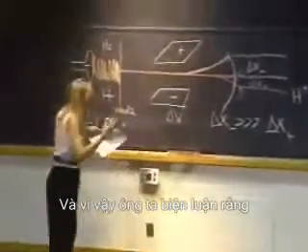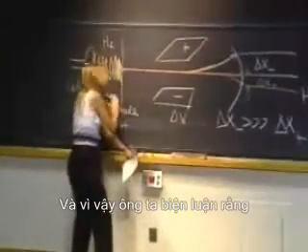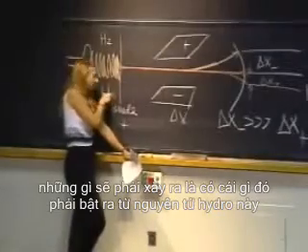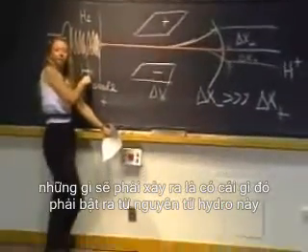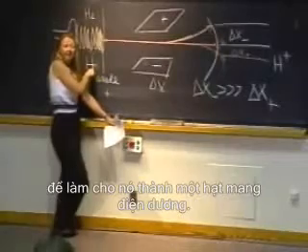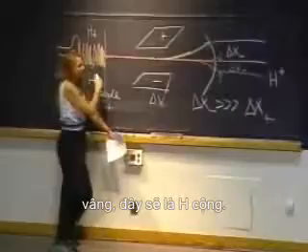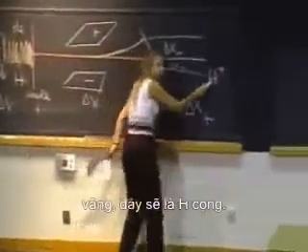And so he reasoned that something has to be coming off of this hydrogen atom to make it a positively charged particle. So he said, okay, this is going to be H plus.